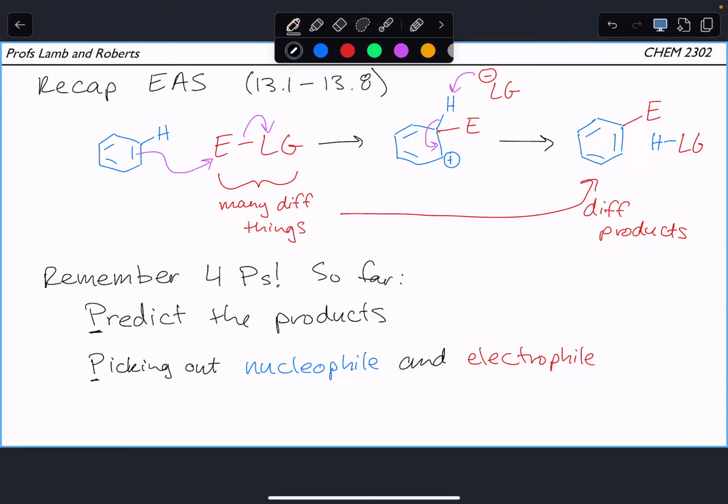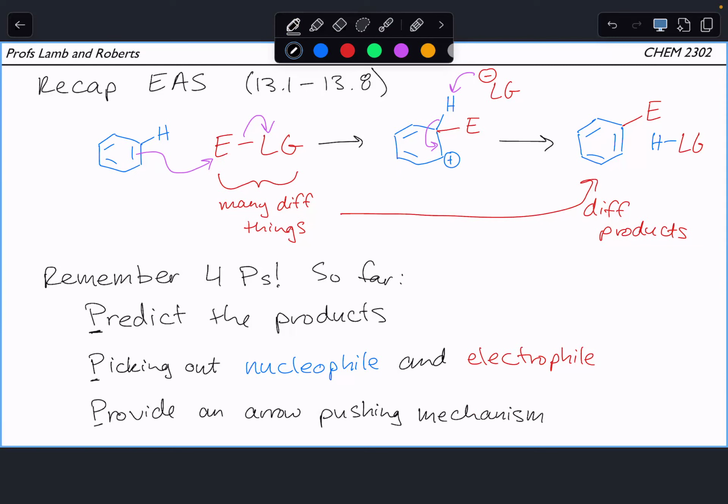So that's picking out our nucleophile and electrophile. Sometimes you have to generate that electrophile. And then we had provide an arrow pushing mechanism. So predict the products, picking out the nucleophile and electrophile, provide an arrow pushing mechanism.